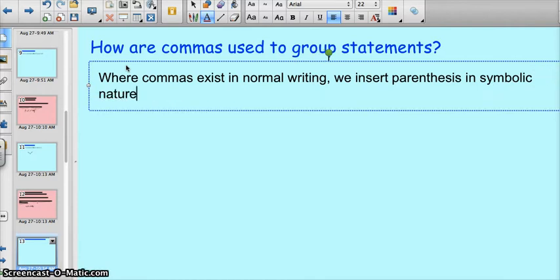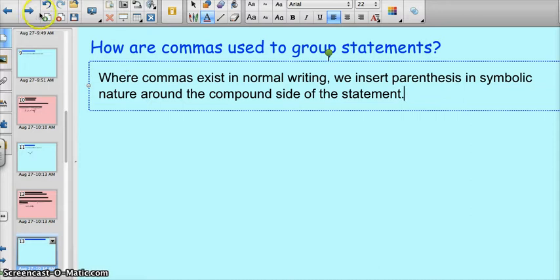Here's the important part: parentheses go around the compound side of the statement. And that's a little confusing, so I'm going to use the next couple of examples to explain this to you. Make sure you're paying attention here.